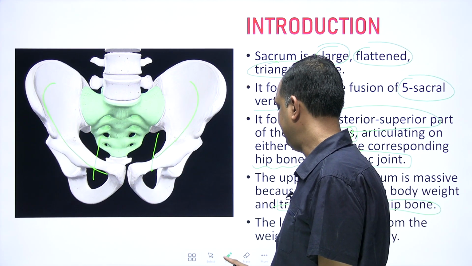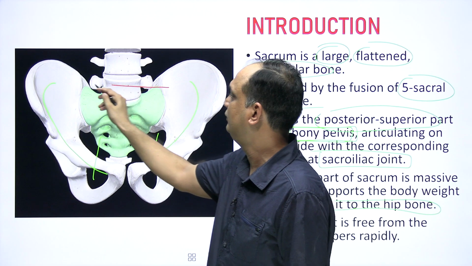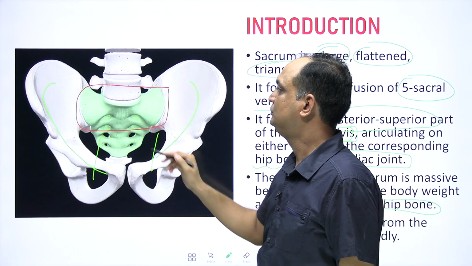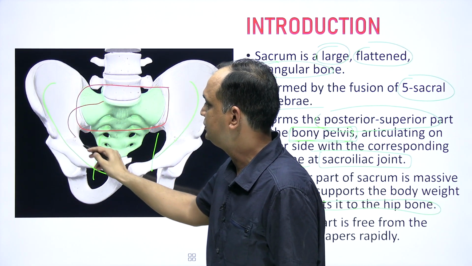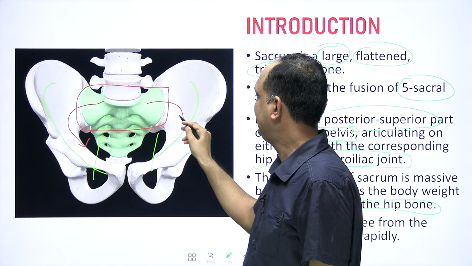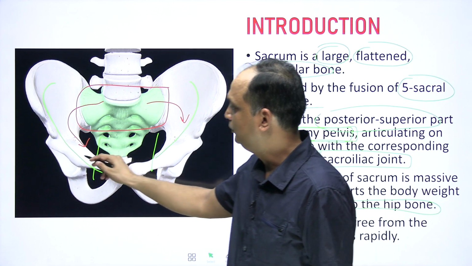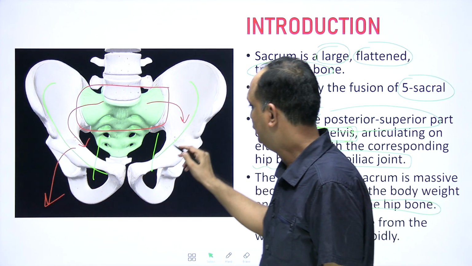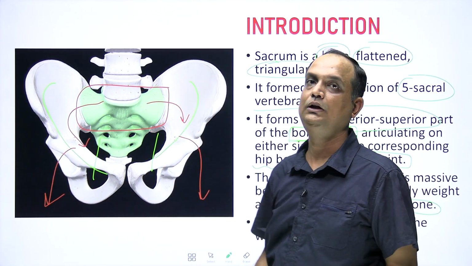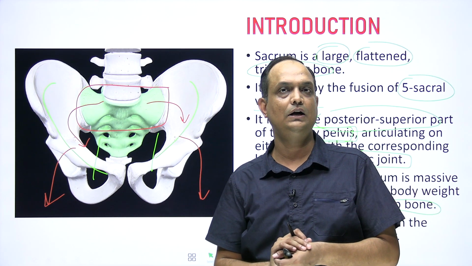The reason is that this upper part takes part in the weight transmission from the vertebral column to the hip bone, and from the hip bone the weight goes to your lower limbs, and from the lower limbs towards the ground.